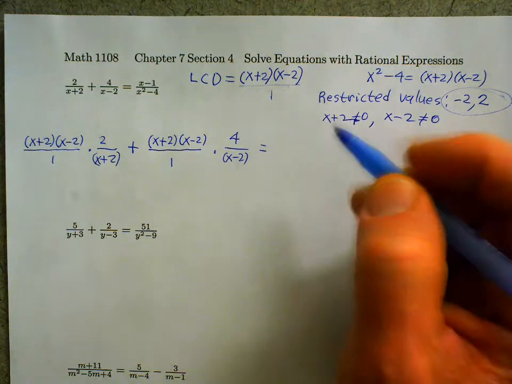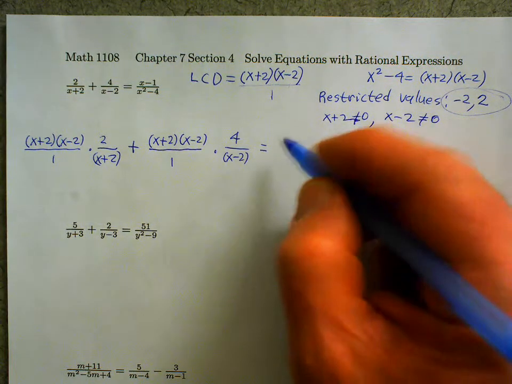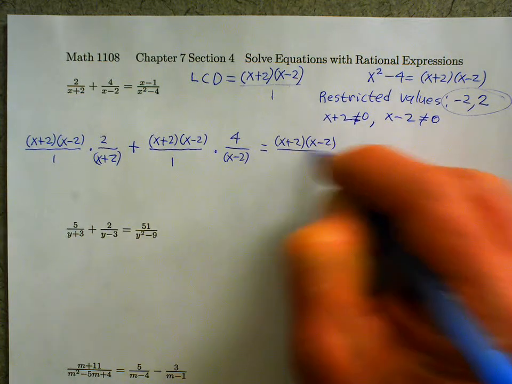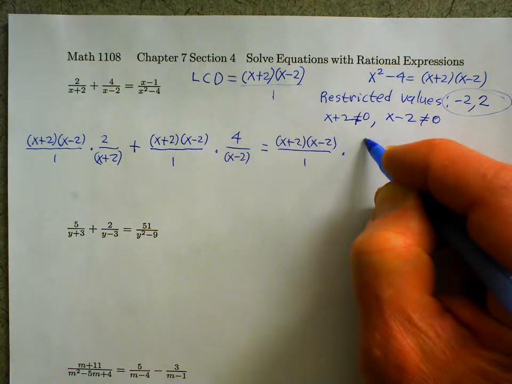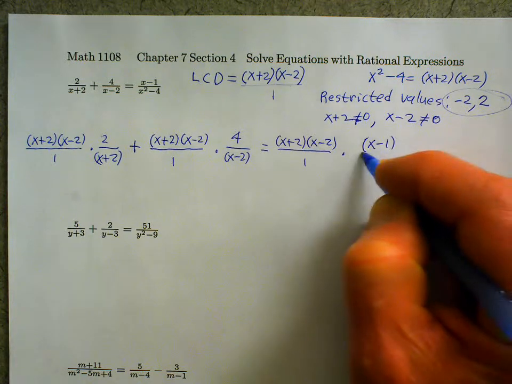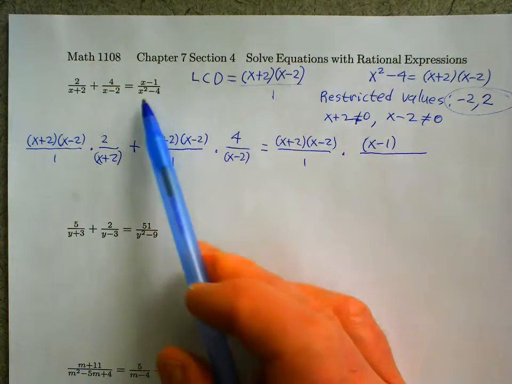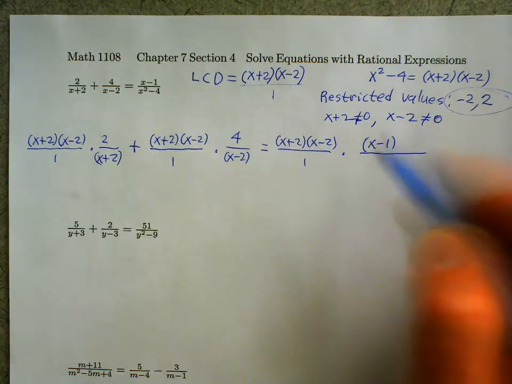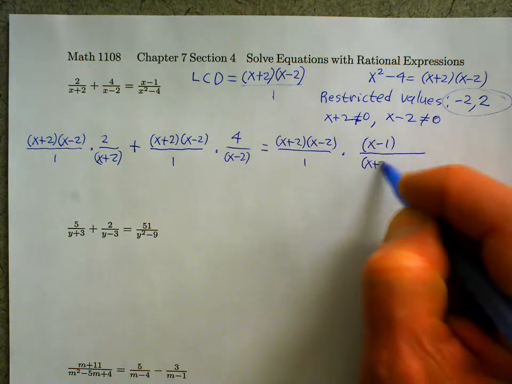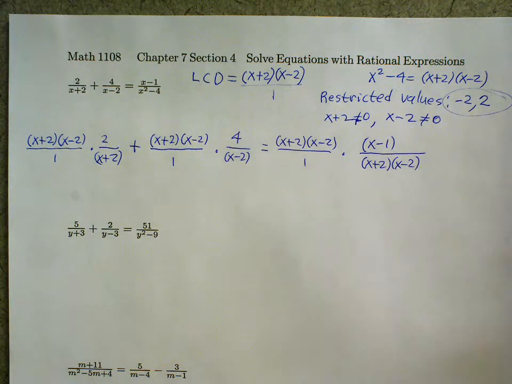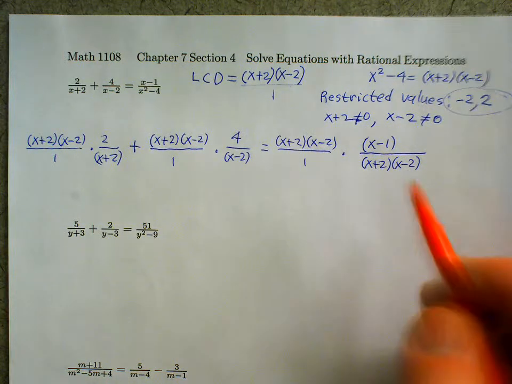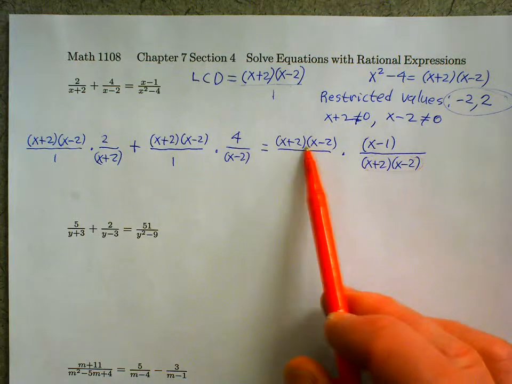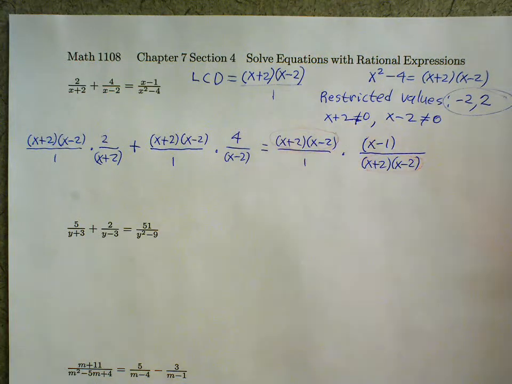And also on the right-hand side, x plus 2 times x minus 2 over 1 times x minus 1 over x squared minus 4. But x squared minus 4 in factored form is x plus 2 times x minus 2. It's not a requirement to write it in factored form. I'm just doing it here to make it more obvious what's going to happen.